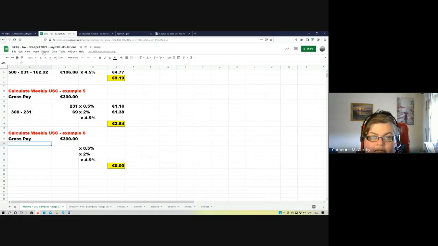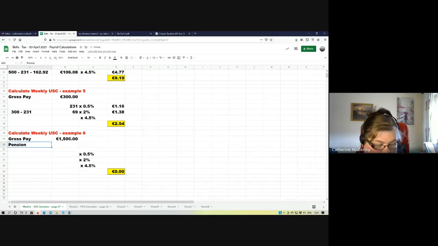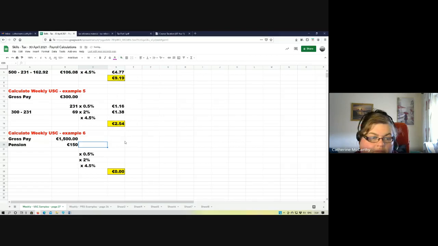This time we have a pension as well. So gross pay €1,500, pension of €150.